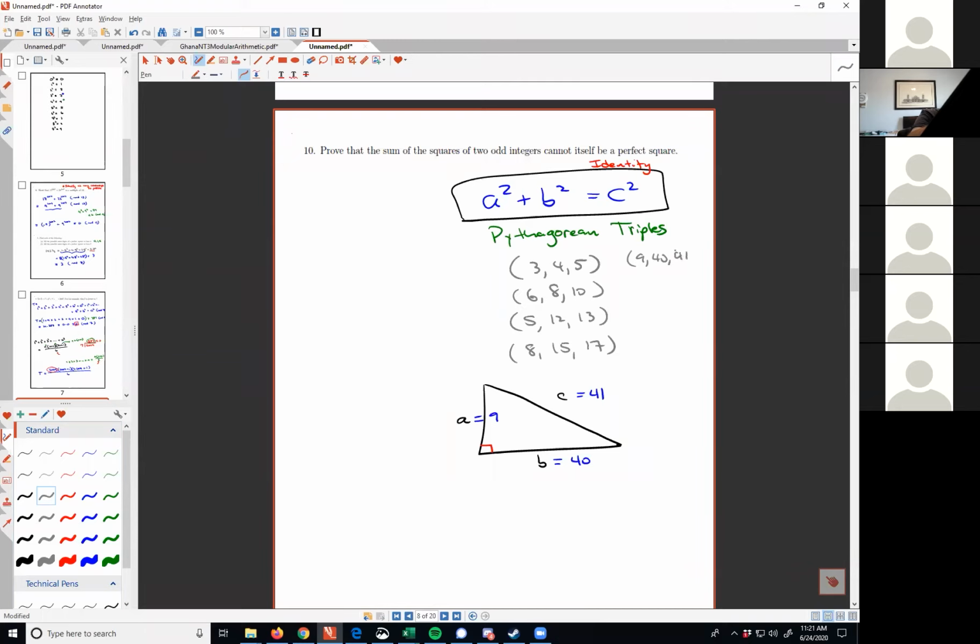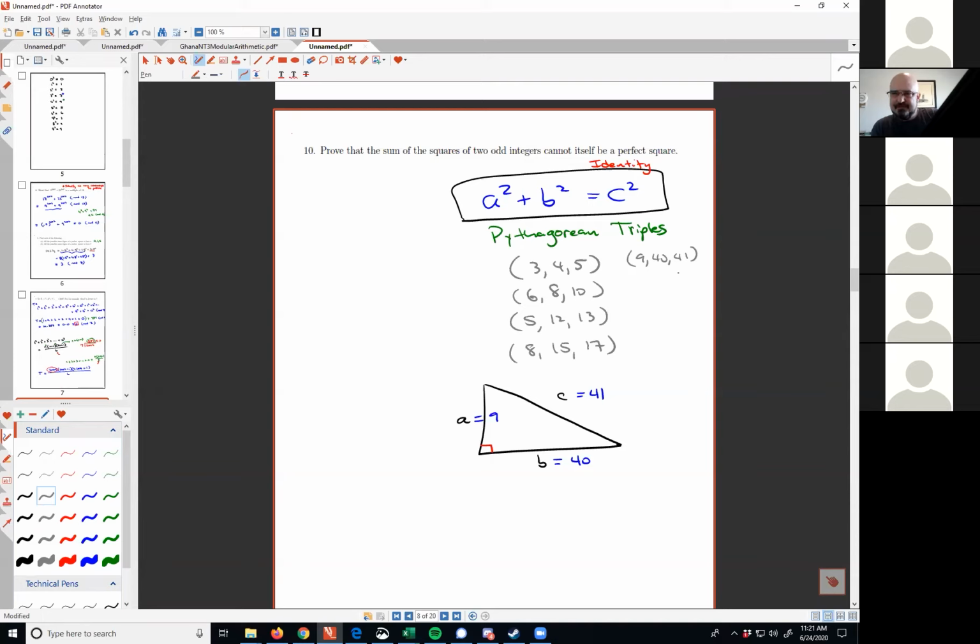Are there infinitely many Pythagorean triples? Yes. How do you know? Because you could create a Pythagorean triple with any two numbers. What do you mean?